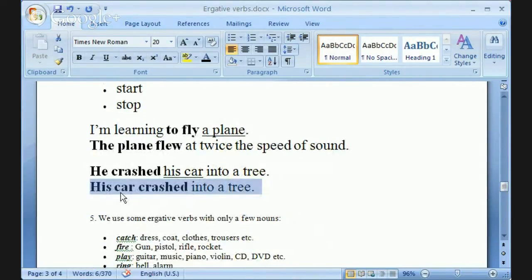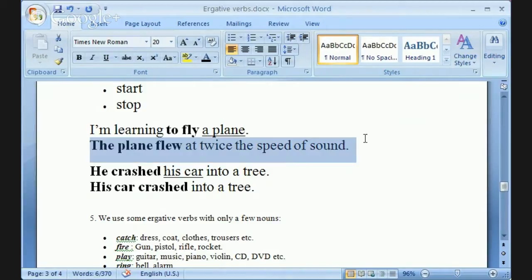Okay, note this. With these ergative verbs, it is still possible to make them passive. I can say the plane was flown at twice the speed of sound. That makes it passive.